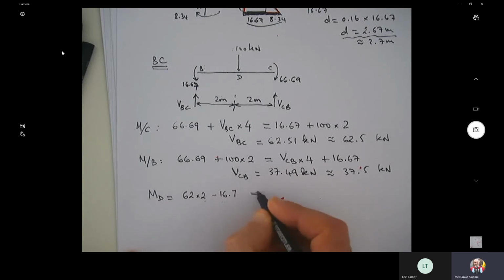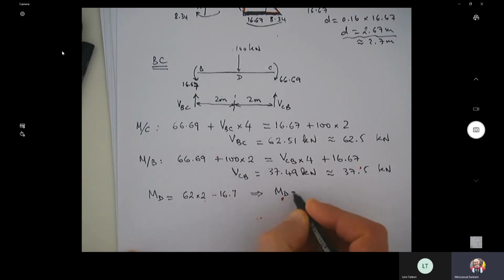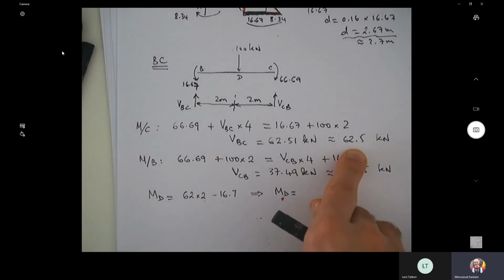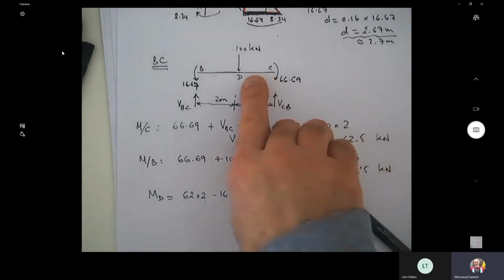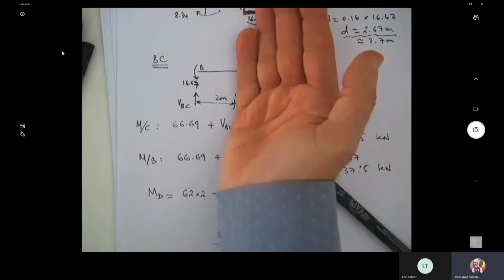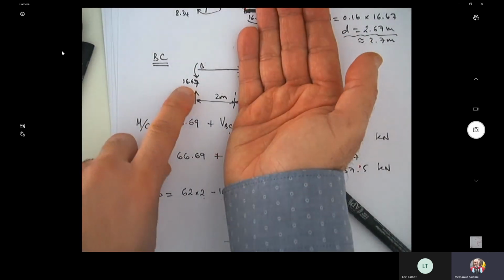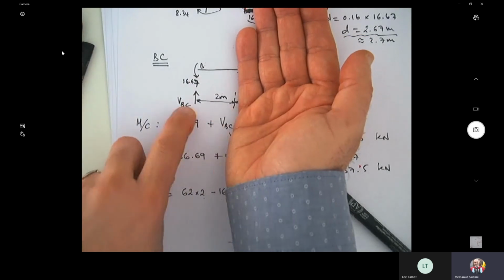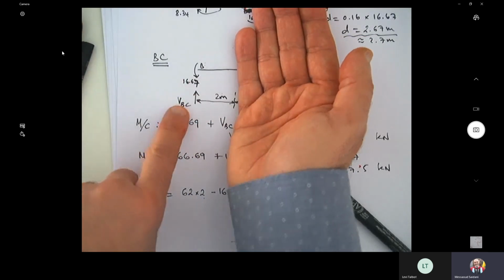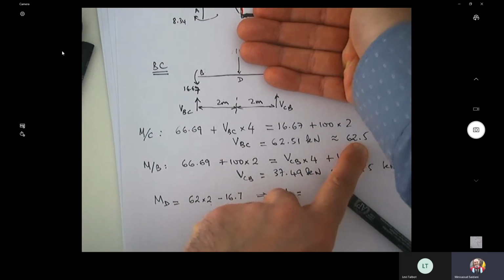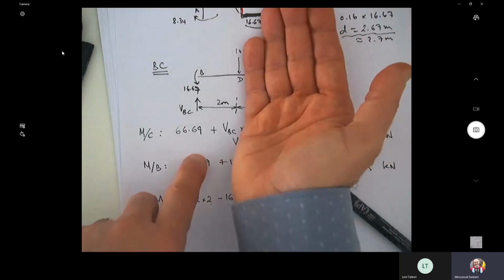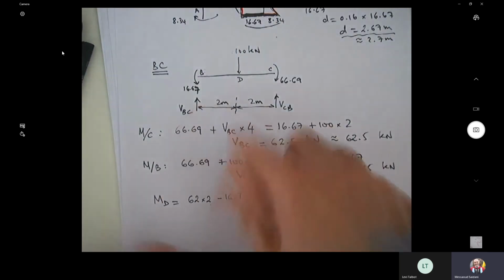What does it give, please? So where did you get the 62 from? It's the moment about C, isn't it? We want the moment at D here, so it will be 16.67 times 2, VBC, which is 62.5. So the moment at D, 62.5, that's the reaction here.